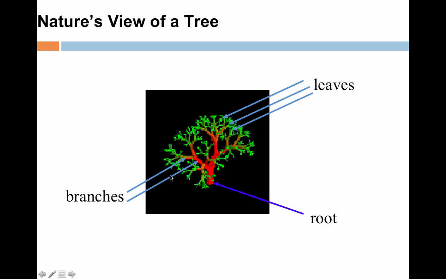In this case, I have drawn 2 arrows to indicate that there are typically more branches than the number of roots, and 3 arrows to indicate that there are many more leaves than the number of branches, and definitely more leaves than the total number of roots. So this is nature's view of a tree.